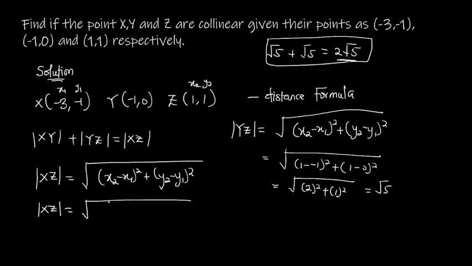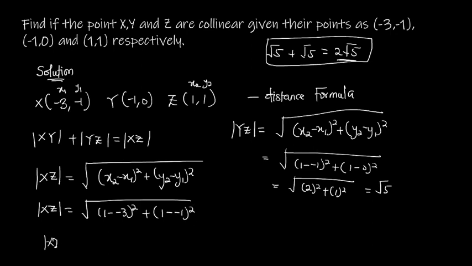So I have the root of x2, which is 1, minus x1, which is -3, squared, plus my y2, which is also 1, minus my y1, which is -1, squared.